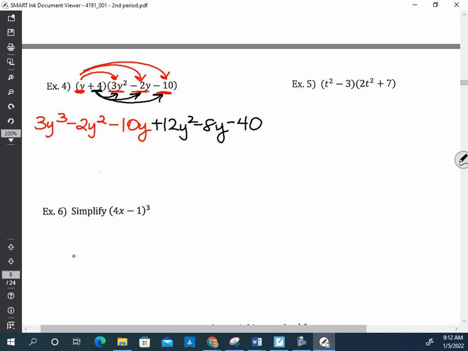So obviously we can't leave it like this. So now we got to combine like terms. 3y cubed, does it have anyone to combine with? Nope. Negative 2y squared, does it have anyone to combine with? So negative 2 plus 12, 10.